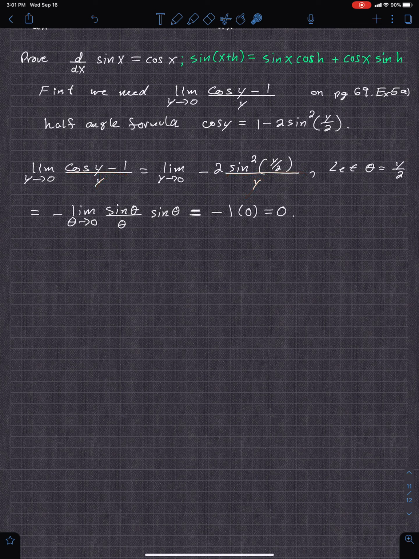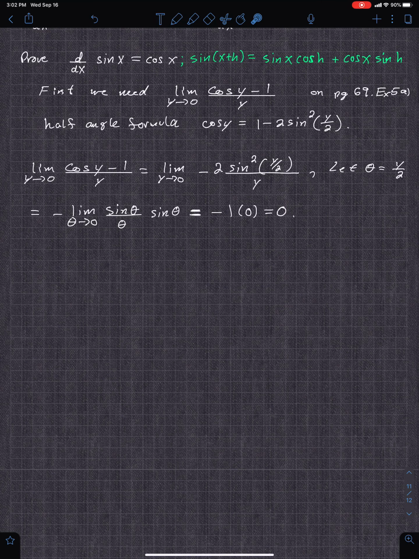So then we have y over 2 on the inside, and when we do that, everything's going to 0 anyway. So we can still let theta be y over 2. So then y is 2 theta.